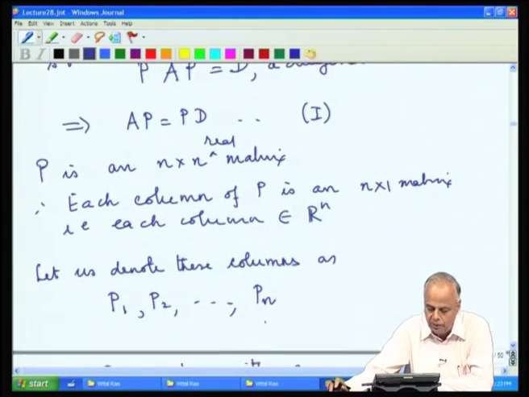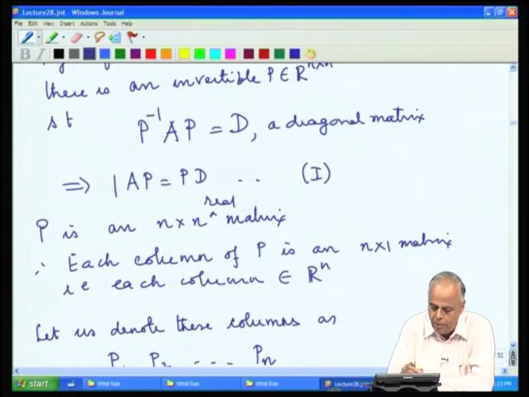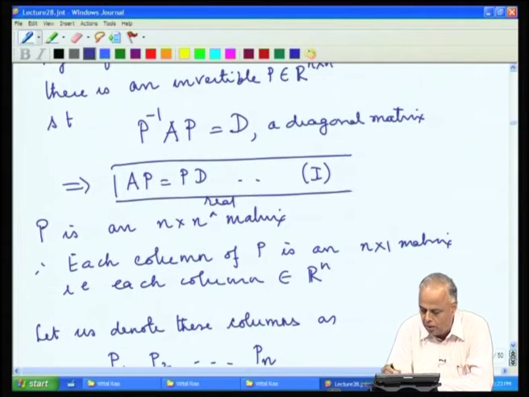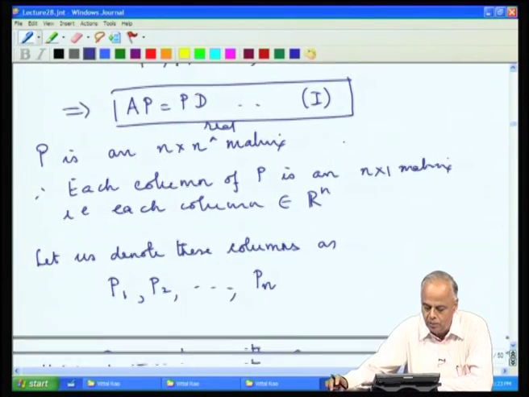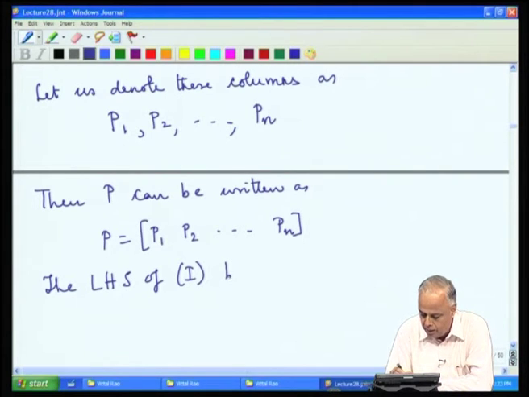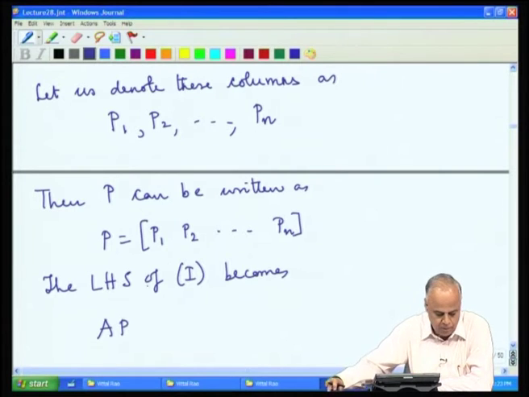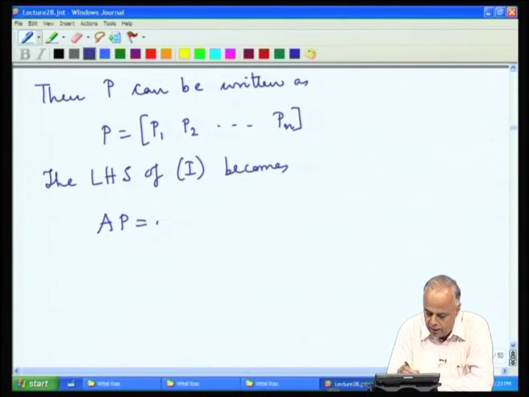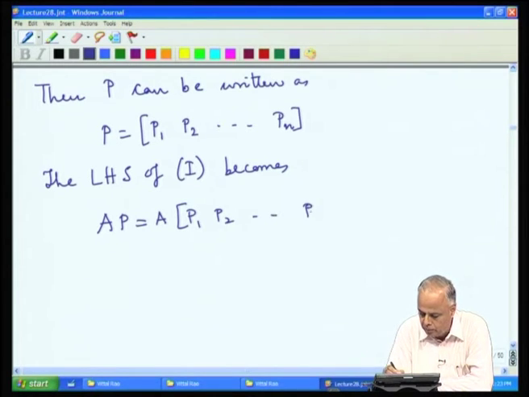So, with this notation let us go back to this equation 1, which says A P equals P D. The left hand side of 1 becomes A P, which is now equal to A into P 1, P 2, P n.